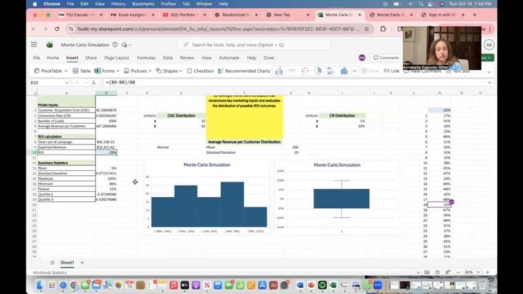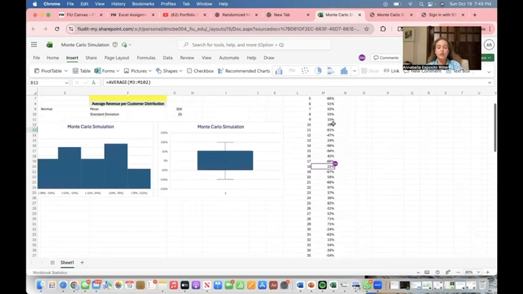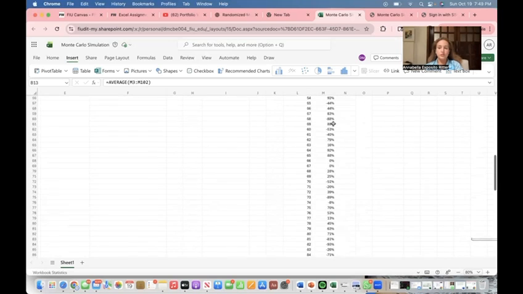To summarize the statistics, to get the mean, it would be equals AVERAGE, and then the range where the row number on the bottom, the number after it, you would autofill from 1 all the way to 100.